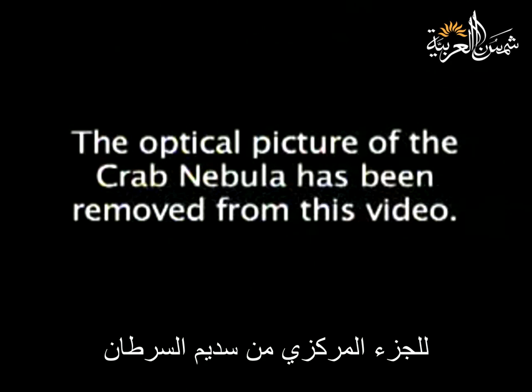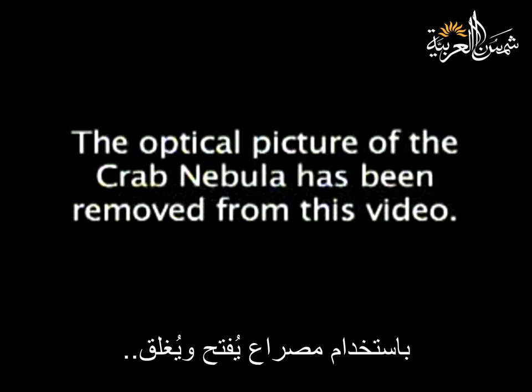A stroboscopic picture, a stroboscopic exposure, was made of the center portion of the Crab Nebula. And a stroboscopic picture means that you are using a shutter which opens and closes. In this case, you have to open and close it with exactly the same frequency as the rotation of the neutron star.